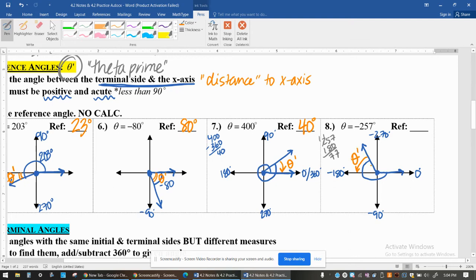Now remember, you can color it in, or you can use the double angle mark that I've been using before. It's really up to you. I don't really care what strategy you use as long as you are using theta prime. Okay? All right, so how far is that terminal side from 180? 77 degrees.